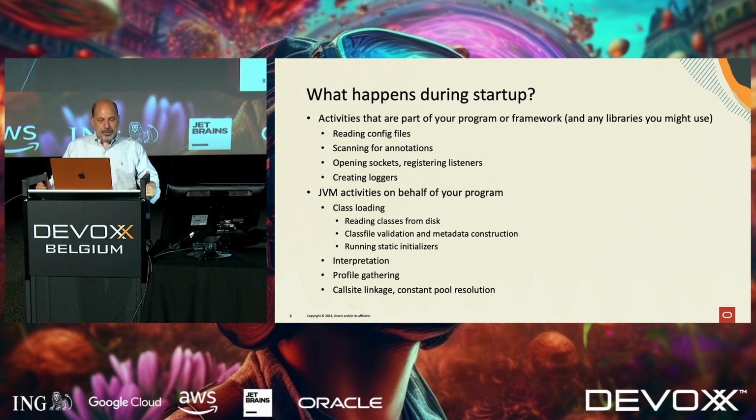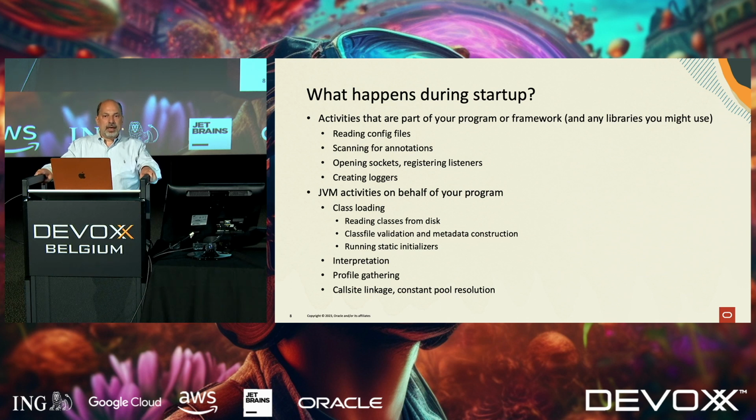So when a program starts up, like I said, there are activities that might be part of your program or your framework or libraries that you use, like reading configuration files or scanning for annotations, opening sockets, creating loggers, like I said, and also class loading, class verification, class file metadata construction, static initializers, interpretation, profile gathering, call site linkage.